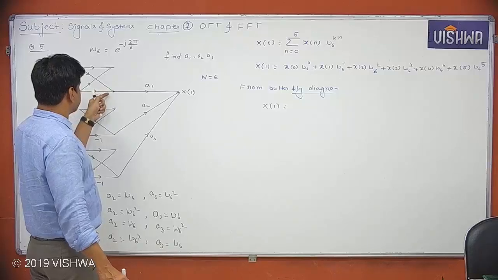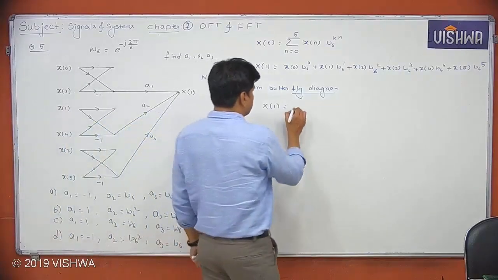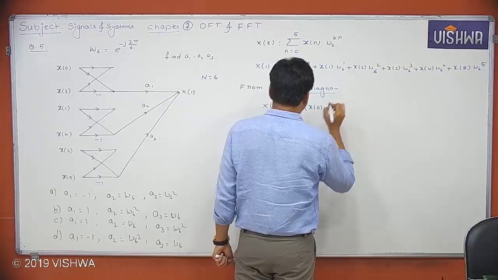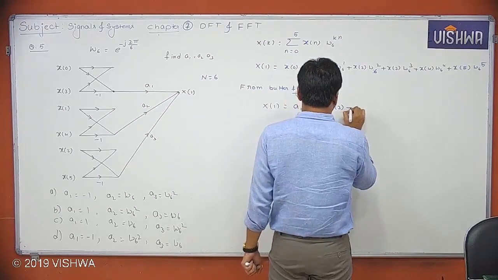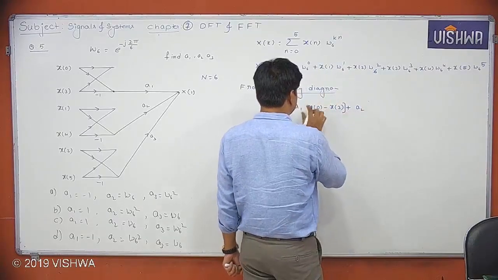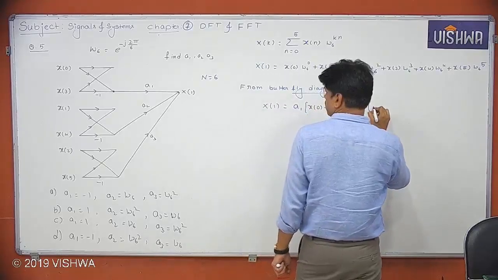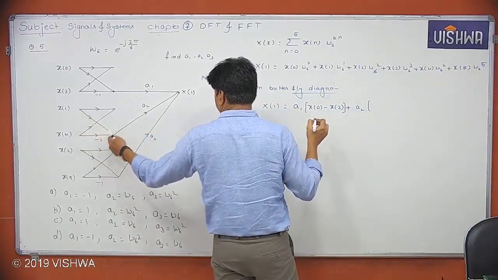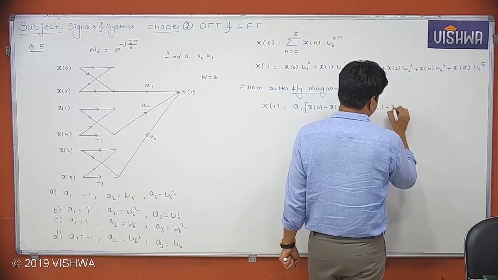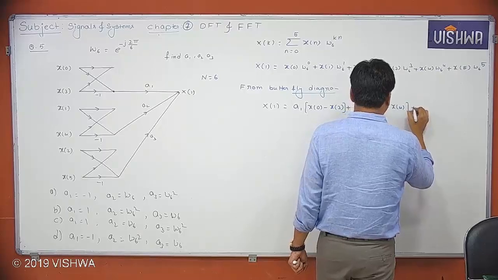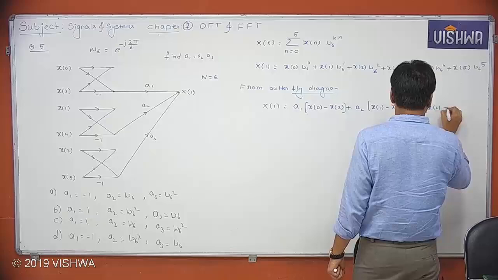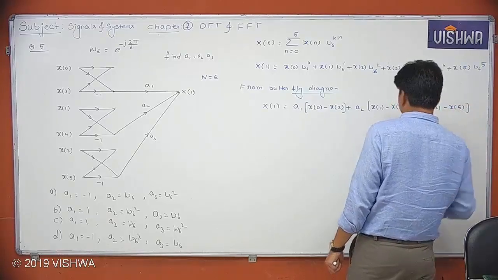It is a1 into x of 0 minus x of 3, plus a2 into x of 1 minus x of 4, plus a3 into x of 2 minus x of 5. So this is what we got.